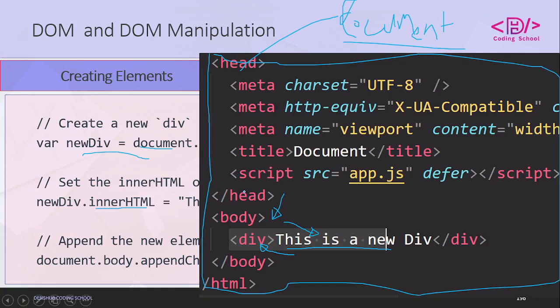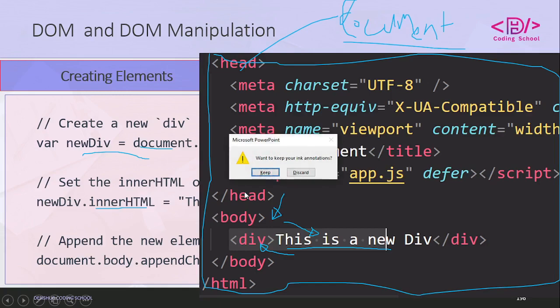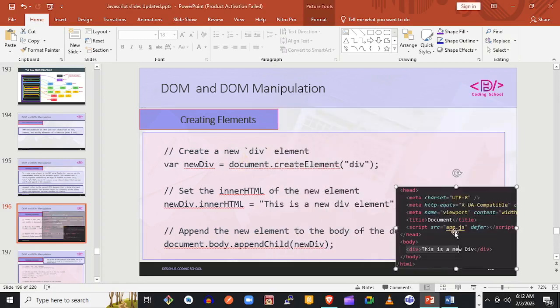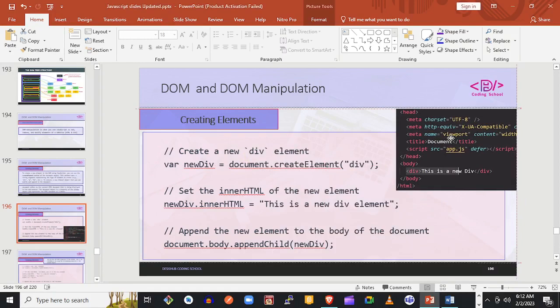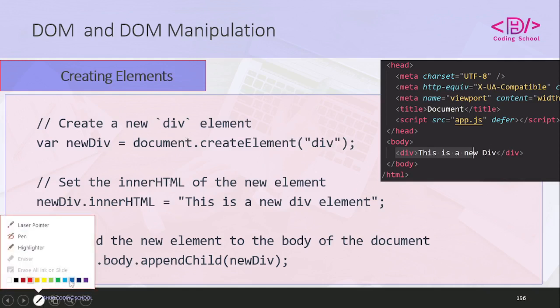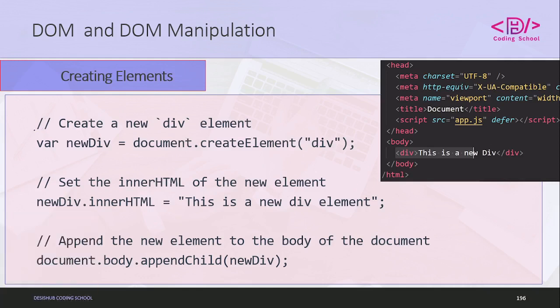So at this point, let me reduce this so that we can look at it. I've already talked about all this, so I'm just going to minimize this and put it aside, so that we look at all these things we have been talking about. Step number 1, we create an empty div.